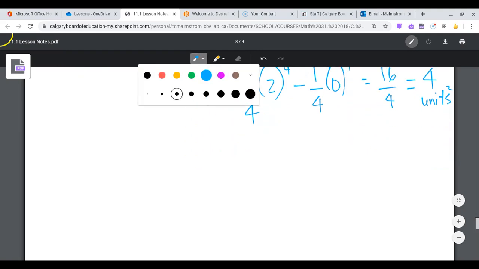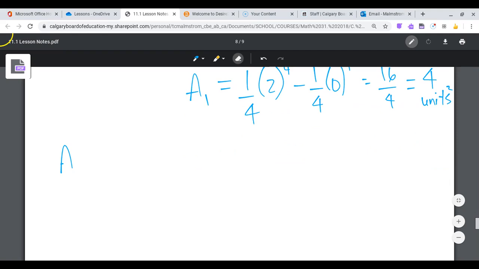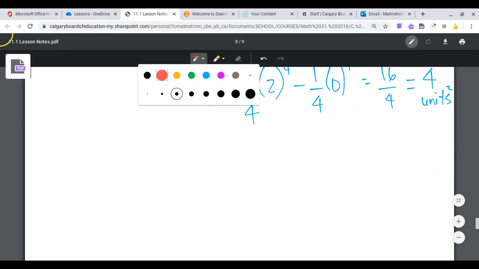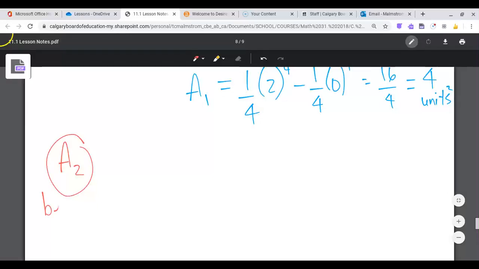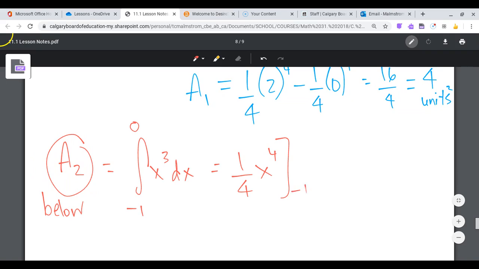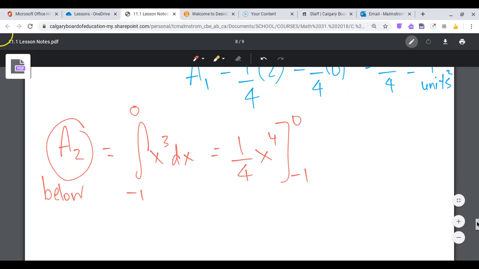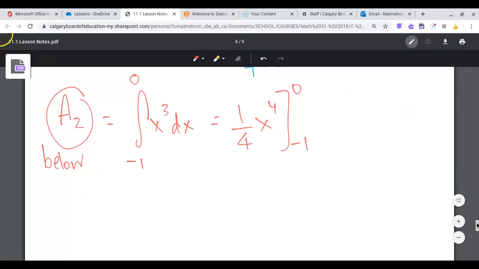Region 2 is below. So A2, this is the one that's below. It starts at -1 and goes to 0. And the antiderivative is still 1/4 x to the 4th, but this time my boundary is -1 to 0. So this is going to be 1/4 times 0 to the power of 4 minus 1/4 times -1 to the power of 4.